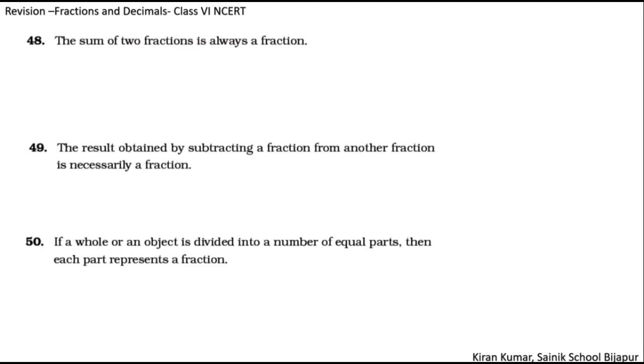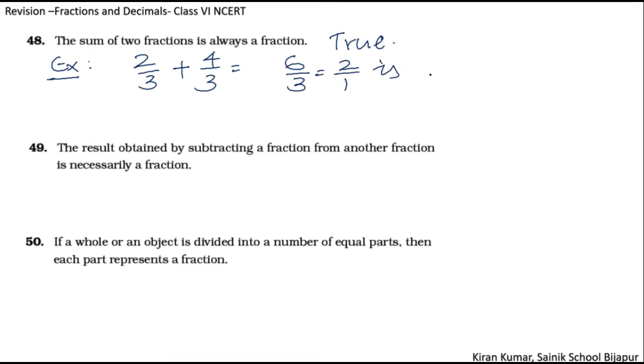48th question. The sum of two fractions is always a fraction. This property is called closure property, and this closure property is true for fractions. Suppose I consider an example, say 2 by 3 and 4 by 3, if I add them up, I'll get 6 by 3, which is nothing but 2 by 1, a fraction.